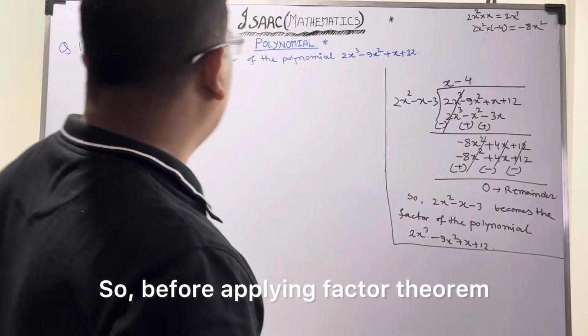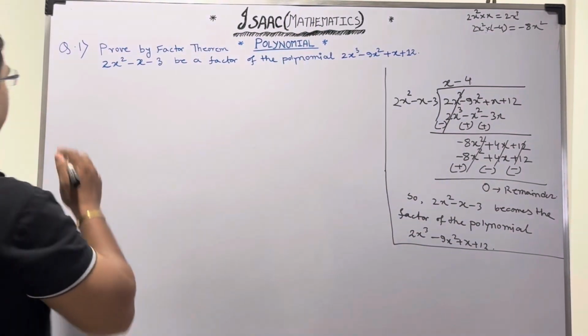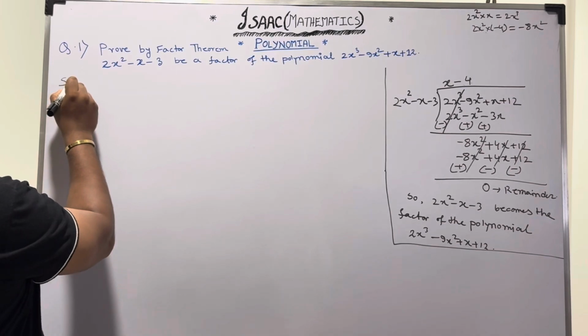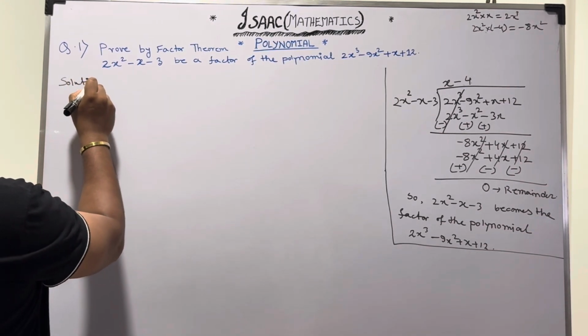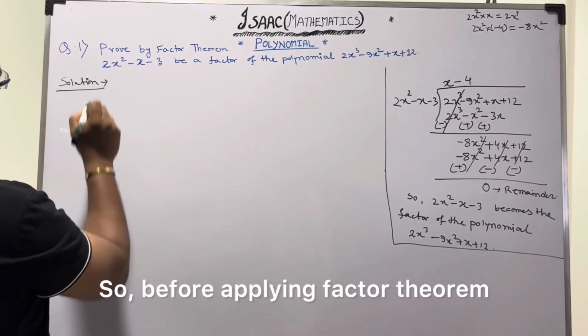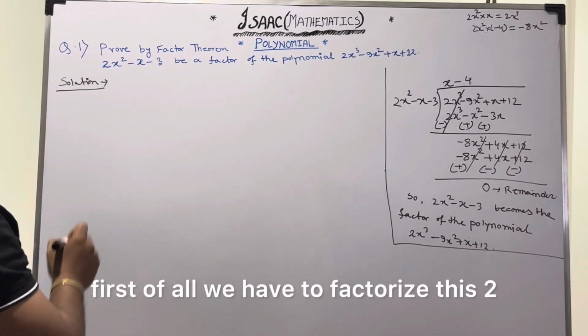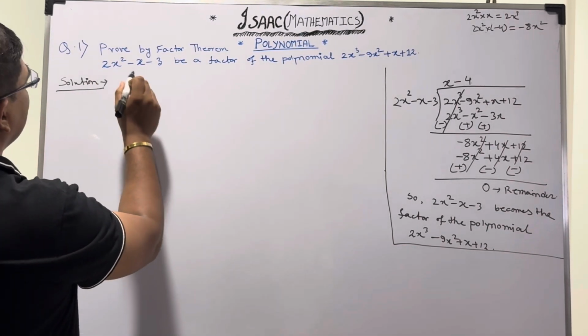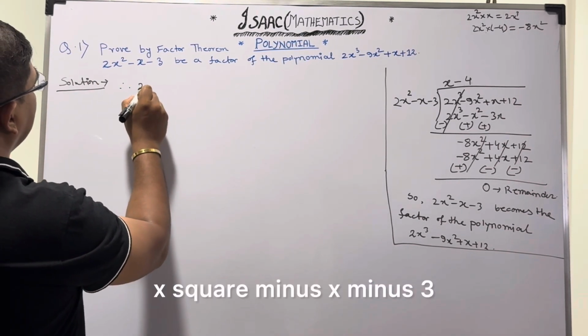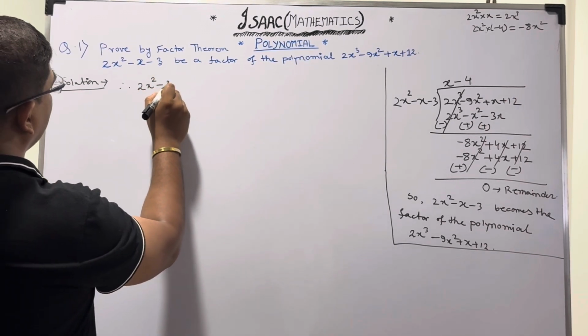Solution. Before applying factor theorem, first of all we have to factorize 2x square minus x minus 3.